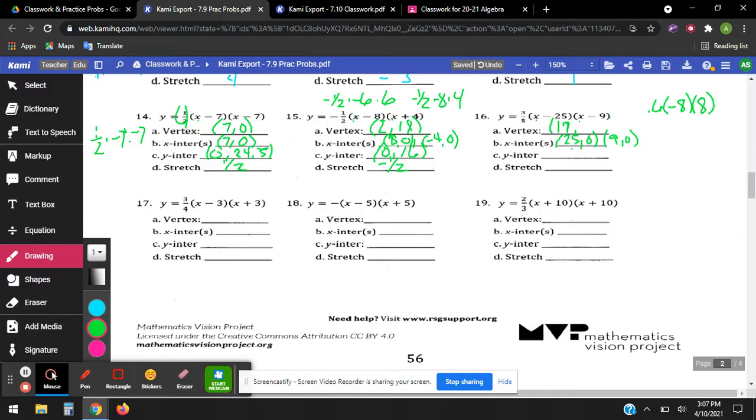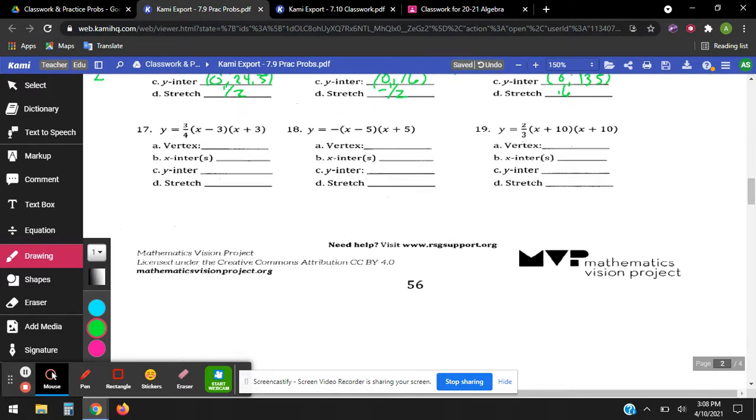So 0.6 times 8 times 8, and one of them is negative, so I have -38.4. As that. So my y-intercept is basically 0.6 times -25 times -9, which is going to be a positive answer. So 0.6 times 25 times 9 is 135. There we go. And then my stretch would be that 3/5 or 0.6.